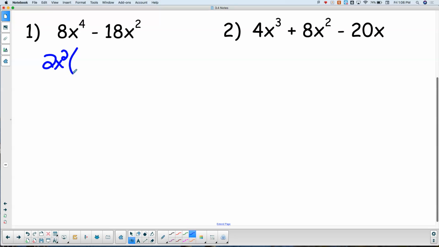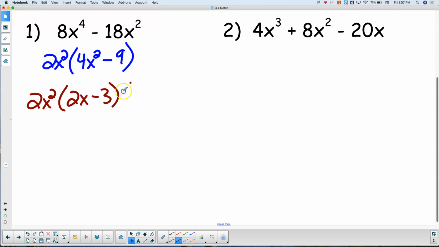That's going to leave me with 4x squared minus 9. 4x squared is a perfect square, 9 is a perfect square, and more importantly, I have a subtraction sign in between them. So that's going to factor to be 2x minus 3 and 2x plus 3.